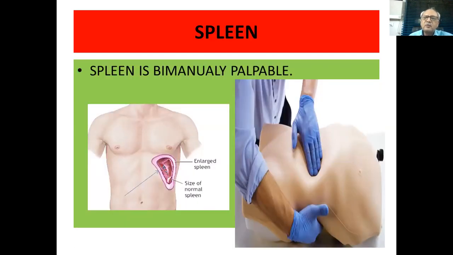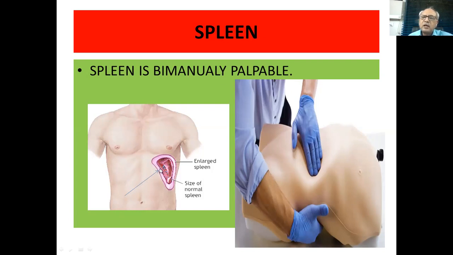Next is the palpation of the spleen. I have already told you that you start your palpation from the right iliac fossa, and you move palpating toward the left hypochondrium.